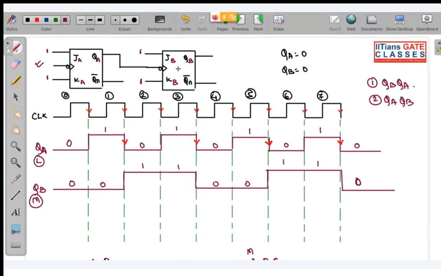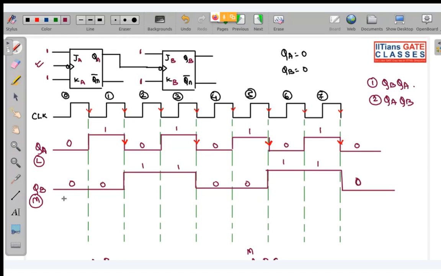So this is the flip-flop that is farthest from your external clock, so this is your MSB. What I said: the flip-flop connected to the external clock is the LSB, and the one farthest from it is the MSB.